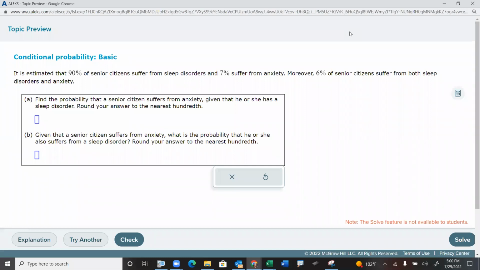Okay, on this one, we're talking about helping people. They give us the probability that a senior citizen suffers from a sleep disorder is 90%. And the probability that one of them suffers from anxiety is 7%.